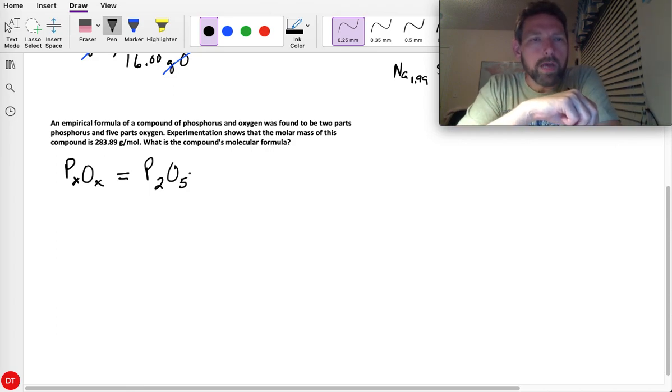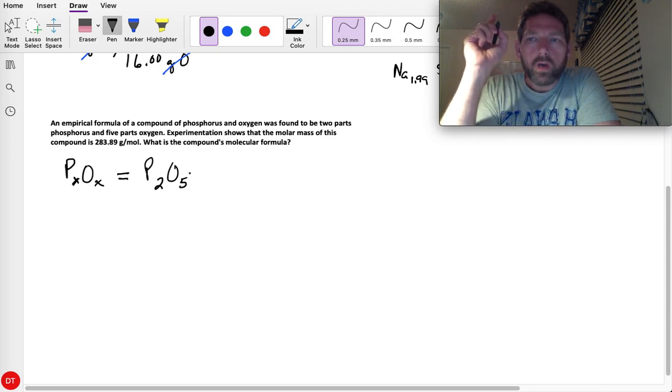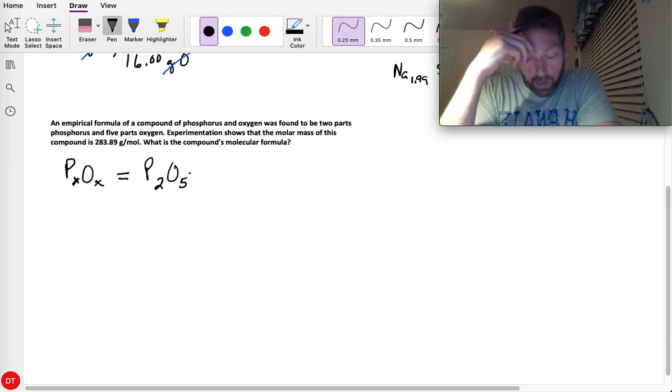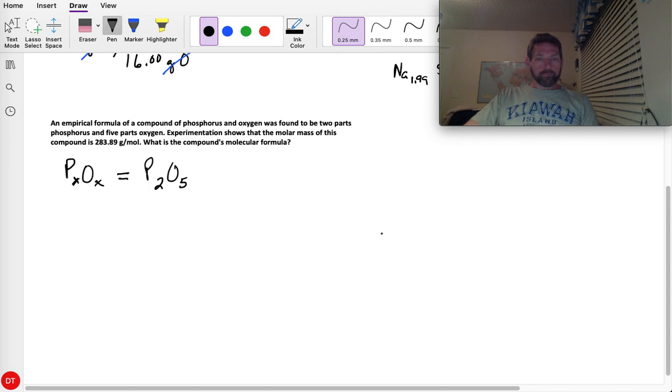Experimentation shows that the molar mass of this compound is 283.89 grams. So let's think about this for a second. We're told we've got the molar mass of this. So let me write this down over here. So molar mass is 283.89 grams per mole. Okay, well, let's find out if this ratio right here is true or not.